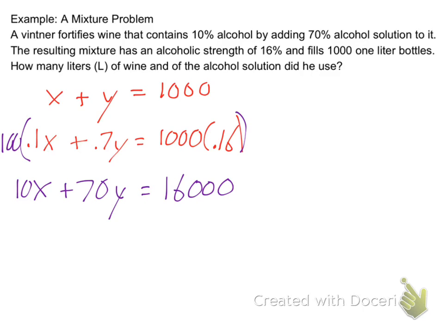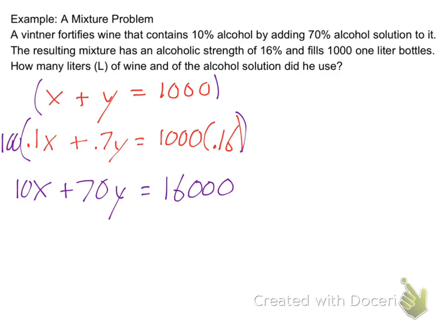I am now going to put it together with the top equation using elimination. But the top equation I'm going to multiply by, oops, not 10, but yes, negative 10. So I'll get negative 10x minus 10y equals negative 10,000.